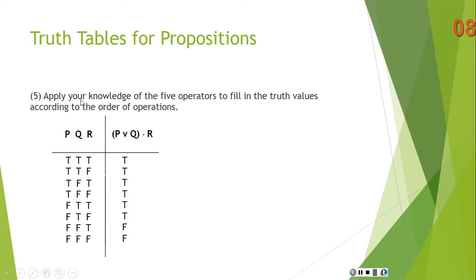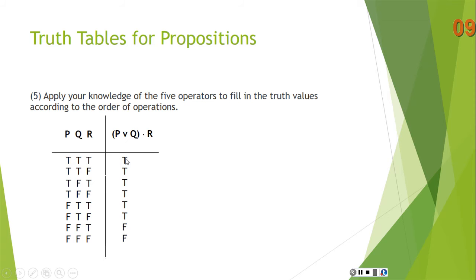So what you do to finish filling out the truth table is you apply your knowledge of the 5 operators, the truth table definitions for tilde, dot, wedge, horseshoe, triple bar, to fill in the truth values according to the order of operations. So we start with the operator with the smallest range first, and we fill this out. And then we move on to the dot, and we fill that out. We'll do that on the next slide.